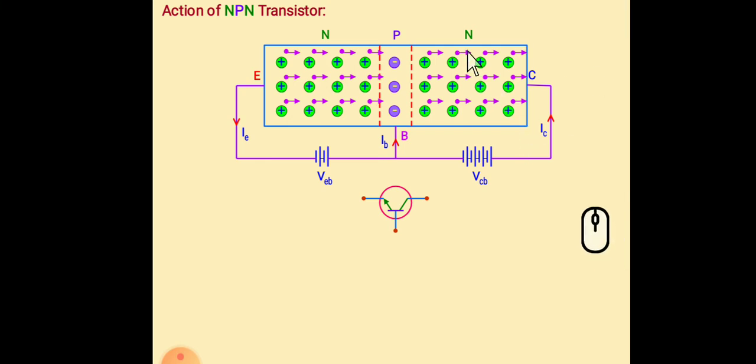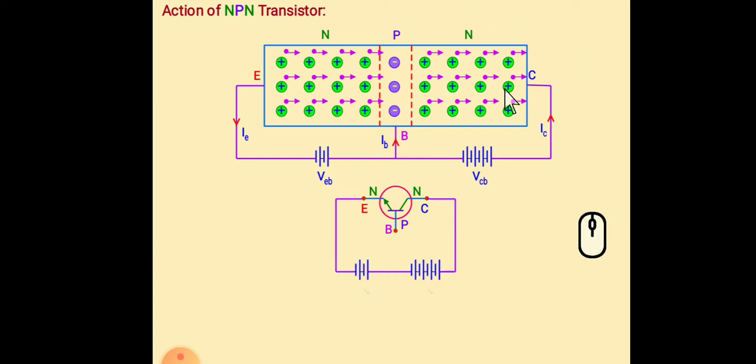That means N type is connected to positive terminal and P type is connected to negative terminal. So current always flows from here and here. So if IB plus IC flows in this direction, IE is equal to IB plus IC. So this is the block diagram, and this is the circuit symbol.